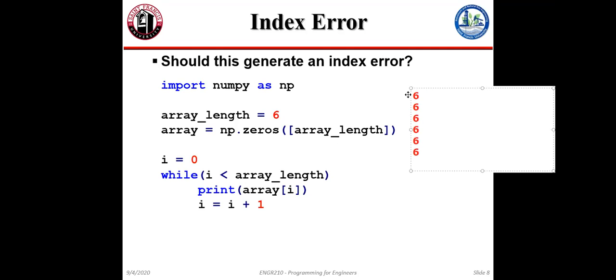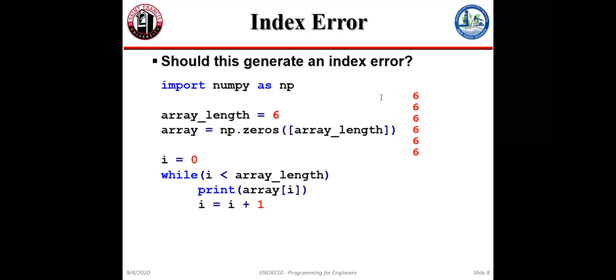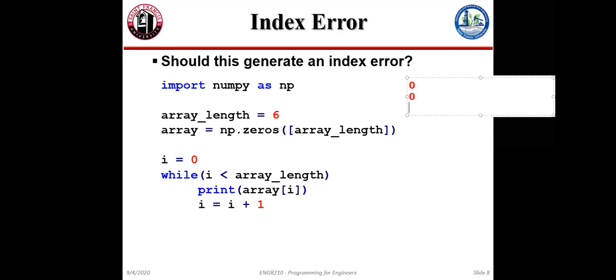6 zeros, not like 6 sixes. Sorry. Let's try it a second time here. 0, 0, 0, 0, 0, 0. So that is my array.